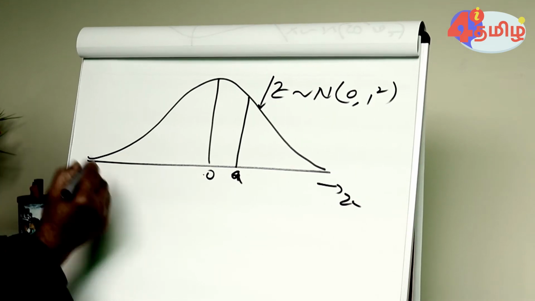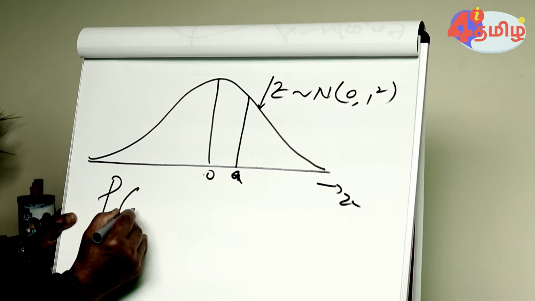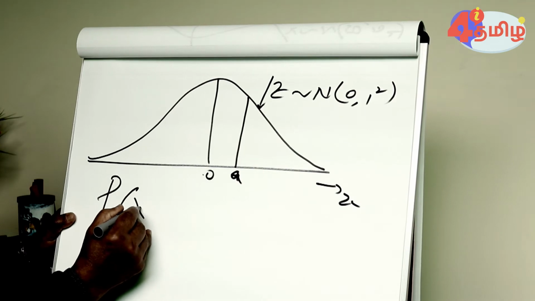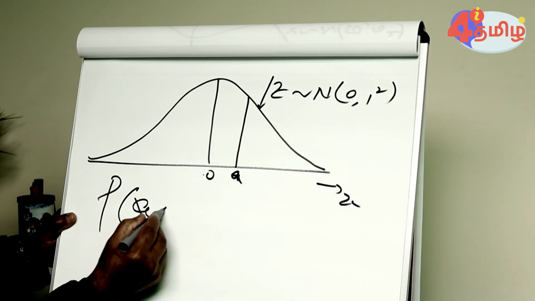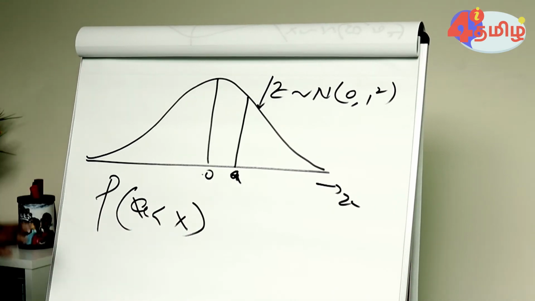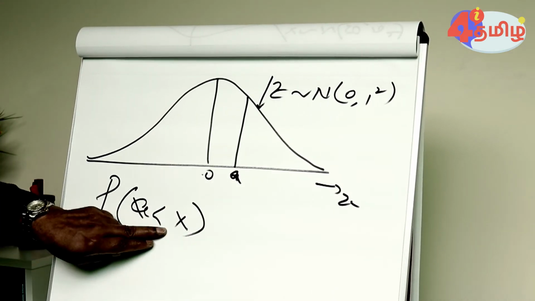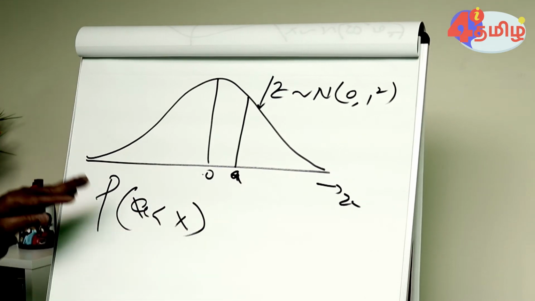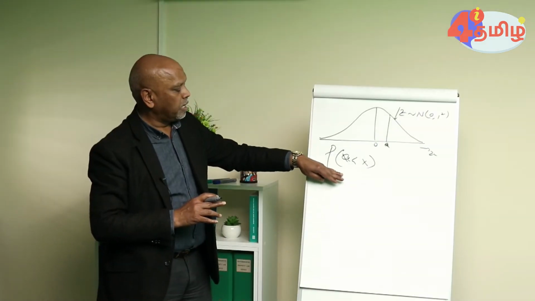How you write it, you always write it as x. You might ask, why is it x? You were talking about z, so why x? I just wanted to say this is the normal distribution.